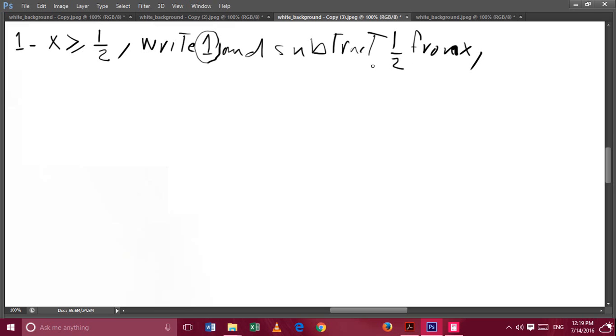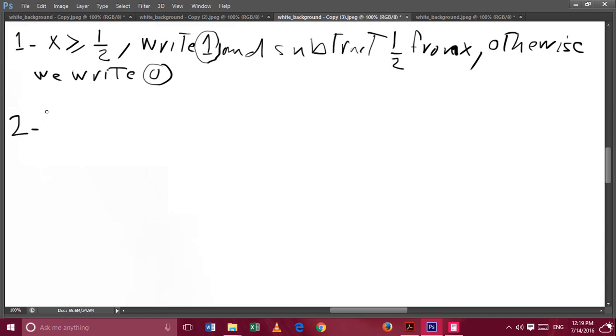Otherwise, we write 0. Don't worry if this is a bit confusing. Once I give you the example, it's going to make a lot of sense.